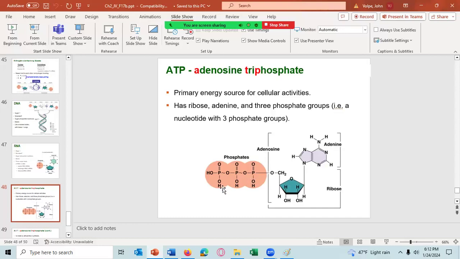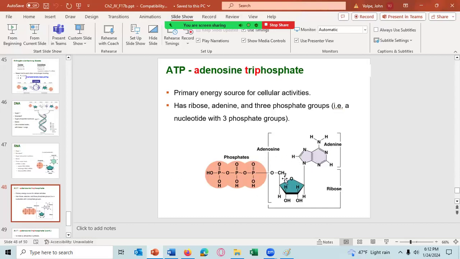The third phosphate group has a squiggly line because it is bound to the second phosphate with a high energy bond. And if the cell wants a lot of energy, it just needs to break that third phosphate bond, and that will separate this phosphate from the remainder of the ATP.